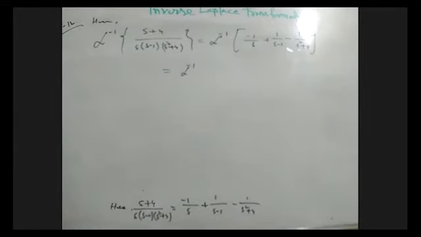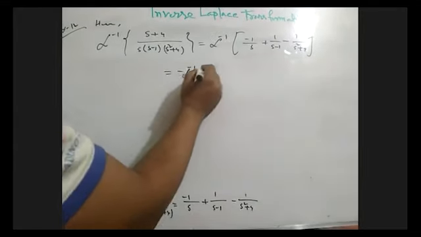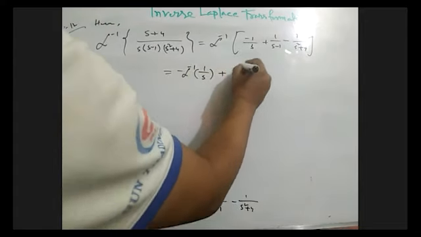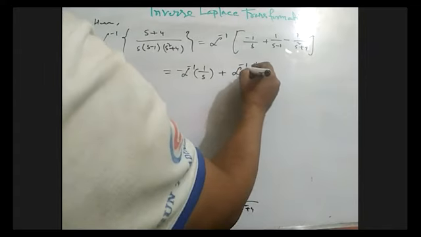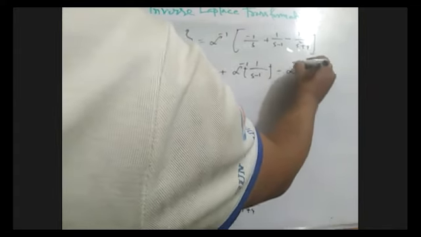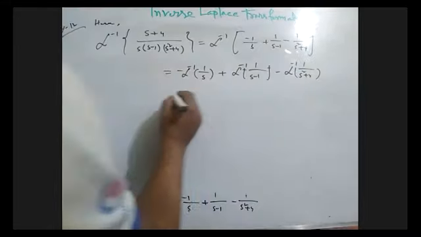So this means minus the inverse Laplace of 1 by s, plus the inverse Laplace of 1 by s minus 1, minus the inverse Laplace of 1 by s square plus 4.